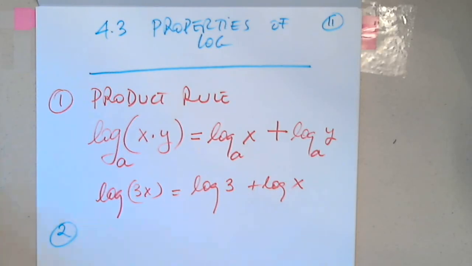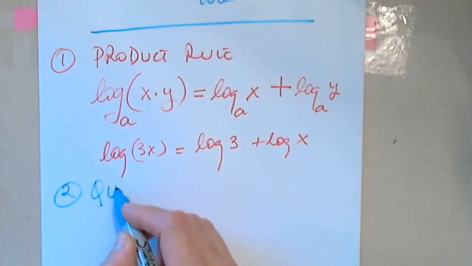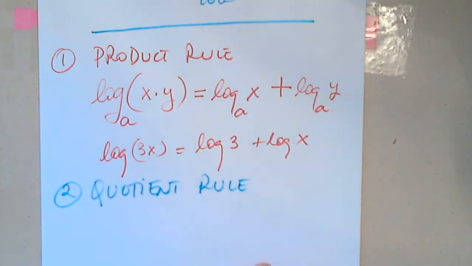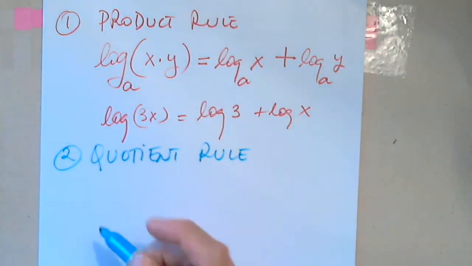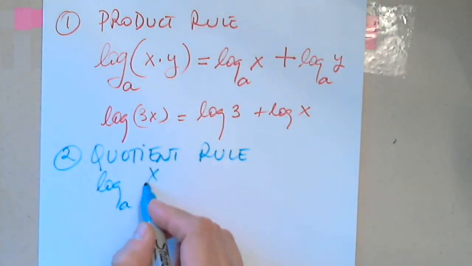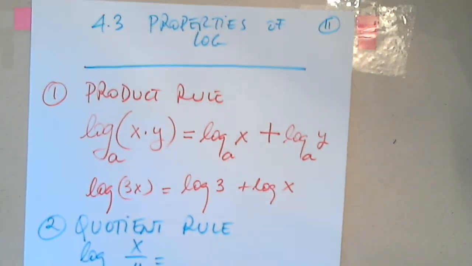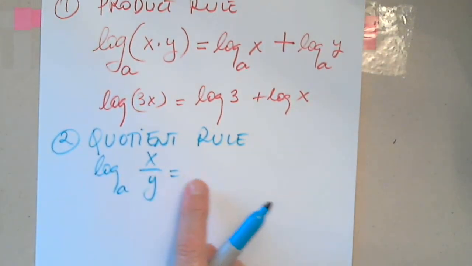Here is another rule, which is the quotient rule. The quotient rule is the same, just instead of a product, a ratio. If the product was a sum, what do you think the ratio would be equal to?